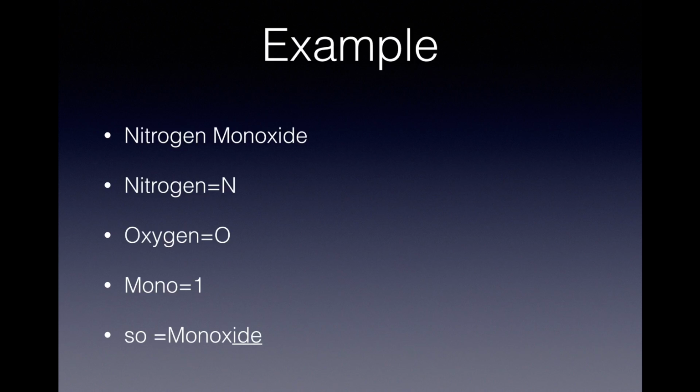Here's an example, nitrogen monoxide. Nitrogen is N, oxide is O. Because it says mono, which equals 1, we only need one oxygen. So it would be monoxide, and we have to change the ending to -ide. So nitrogen monoxide, and the formula would be NO.